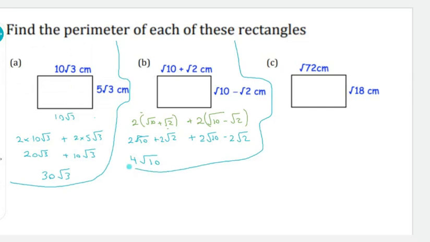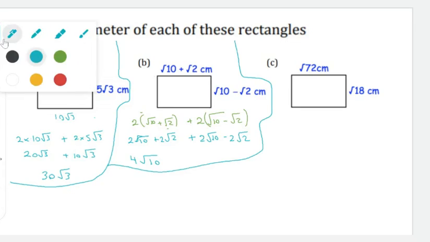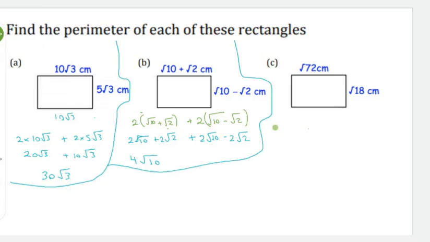And then for the last one, to make it easier for ourselves, if we change the square root of 72 and the square root of 18 to something a bit easier, we can then add them easily. So the square root of 72 can be written as the square root of 36 times the square root of 2.